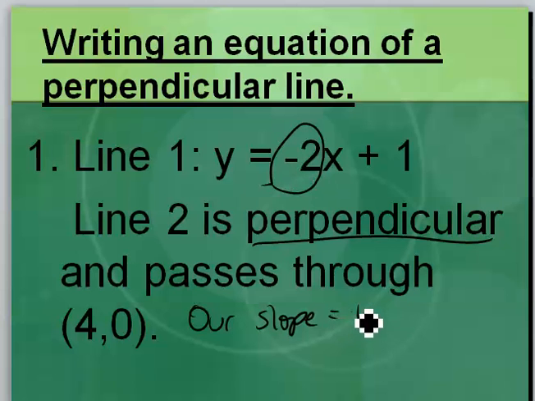Since theirs is negative, ours is positive. They had 2 over 1, so we're going to use a positive 1/2. We do not need to worry about their y-intercept. It's not needed. Our line is going to pass through the point 4, 0. So I'm going to go to the next slide and use the slope of 1/2 and the point 4, 0 to write the equation of a line.